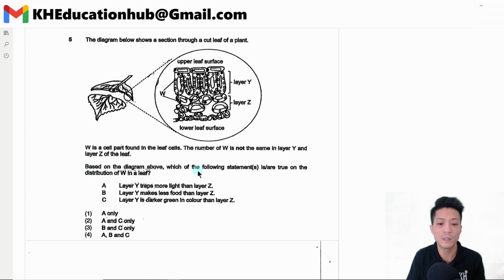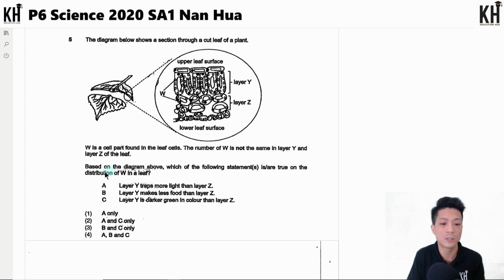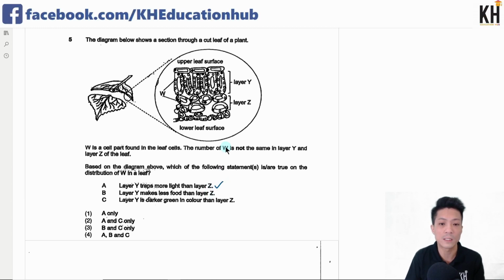Based on the diagram above, which of the following statements is or are true on the distribution of W on the leaf? Layer Y traps more light than layer Z, so probably true because layer Y is the upper surface, so the upper surface is exposed to more sunlight.